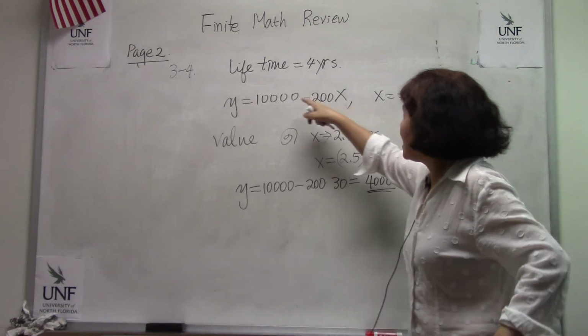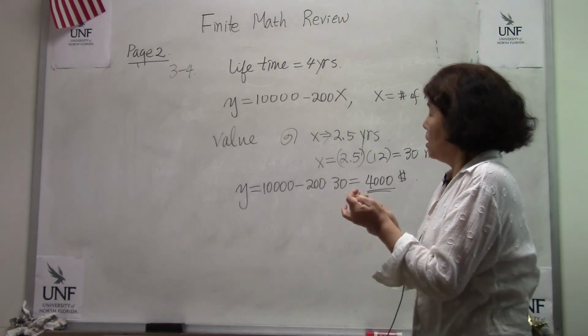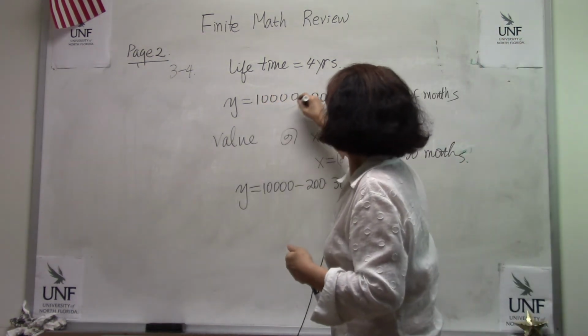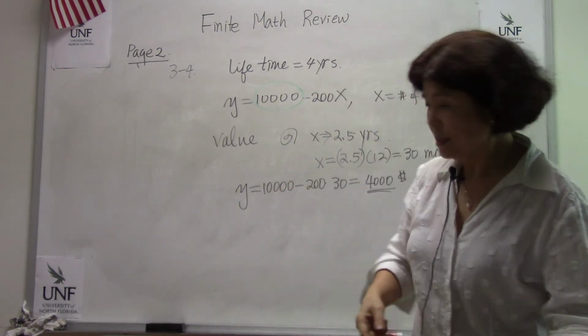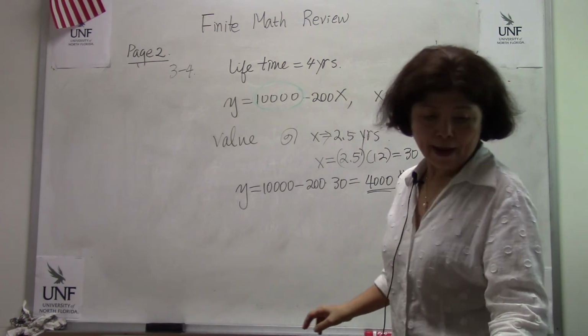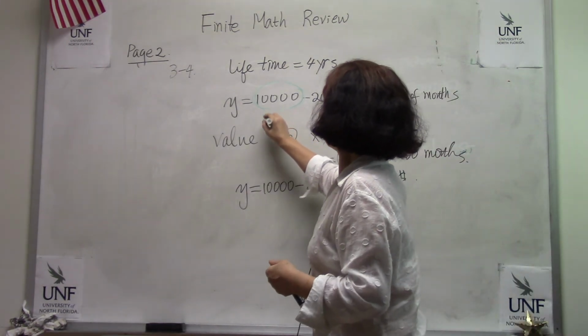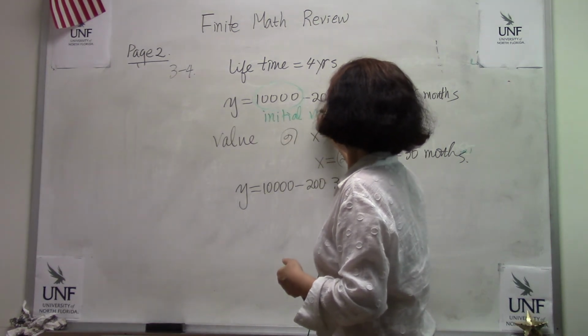The next one: when will be the time when the value of the copier becomes $2,800? So as you see, $10,000 minus 200x. This time the y-intercept is this. Physically, how do we understand that? This one is the original value, or you can say initial value of the copier.